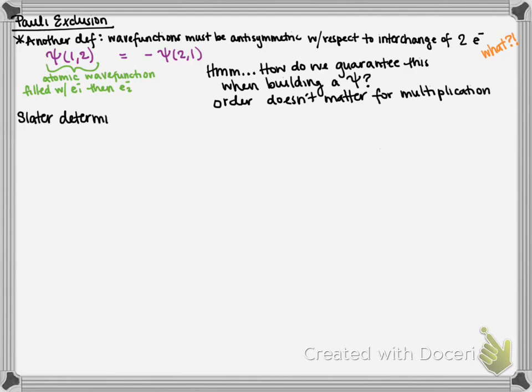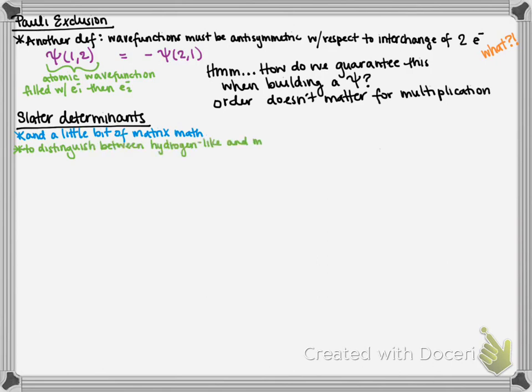We're going to introduce one other new thing, which is called a Slater determinant. And this is going to come with a little bit of matrix math as well. To distinguish between hydrogen-like and multiple electron wave functions, we're also going to make a change in notation. A lowercase psi is going to represent a single electron wave function, such as that from our hydrogen solutions, and a capital psi is now going to represent a multiple electron wave function.